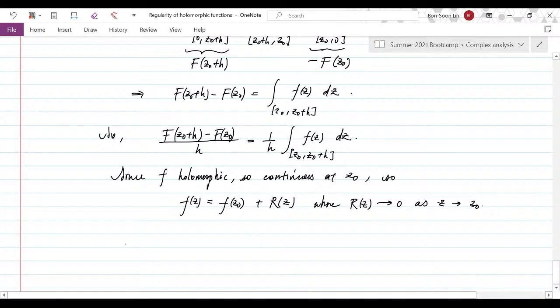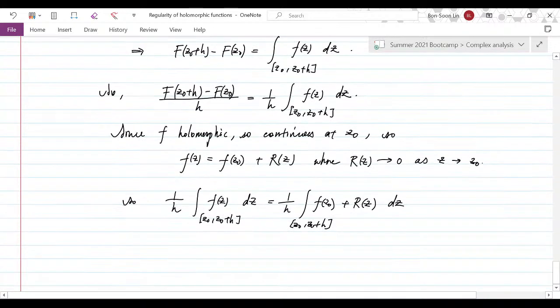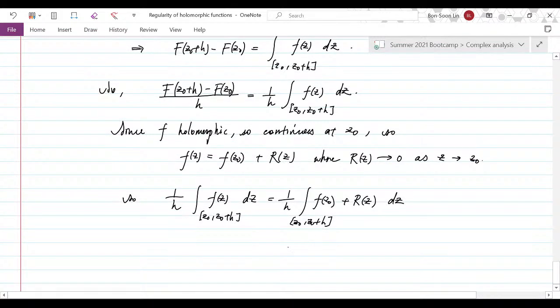Okay. So, all right, 1 over h of all of this dz, it's 1 over h, integral from z naught to z naught plus h of f of z naught, it's constant, plus r of z dz. Okay, so here a simple continuity tells us the limit. This is just basic analysis, right?